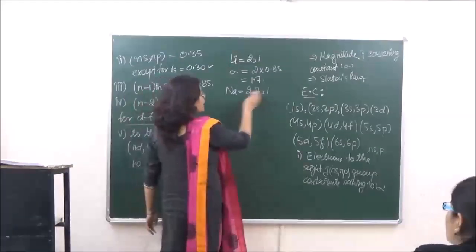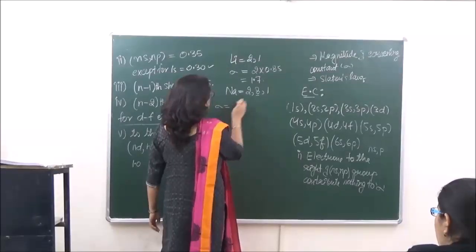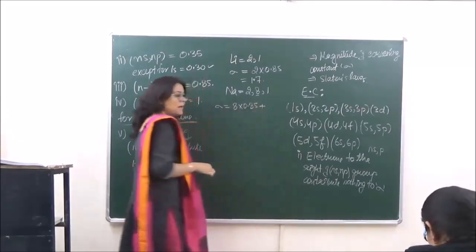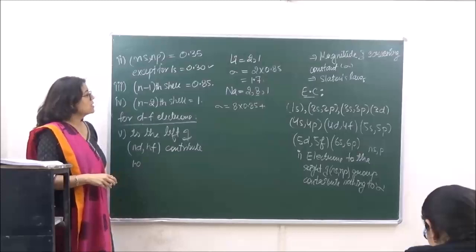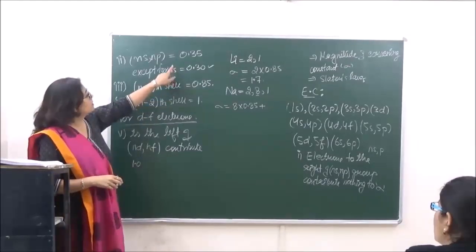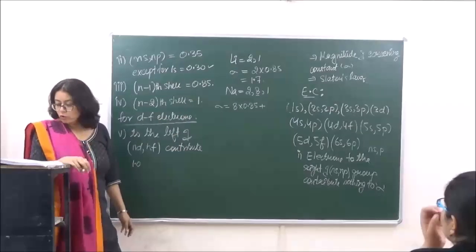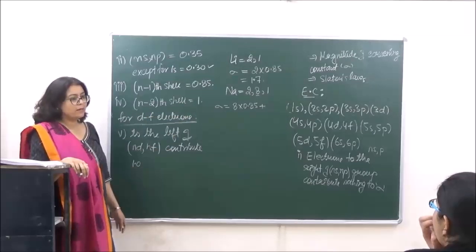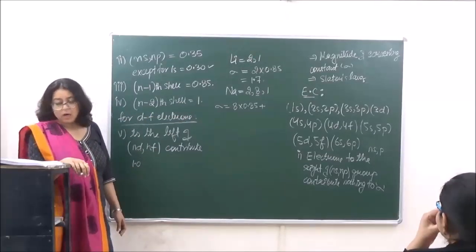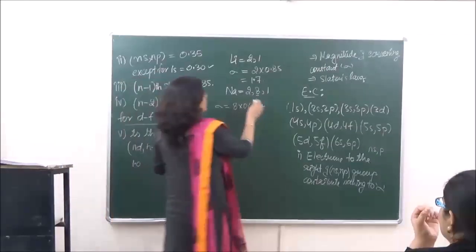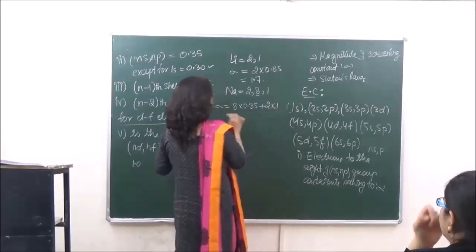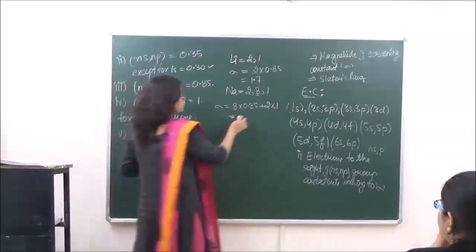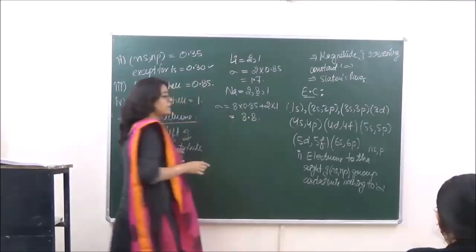So sigma will be equal to 8 into 0.85 plus there are 2 electrons in the previous shell, the n minus 2 shell, whose contribution is 1. So 2 into 1. This comes to 8.8. So the shielding constant over here is 8.8.